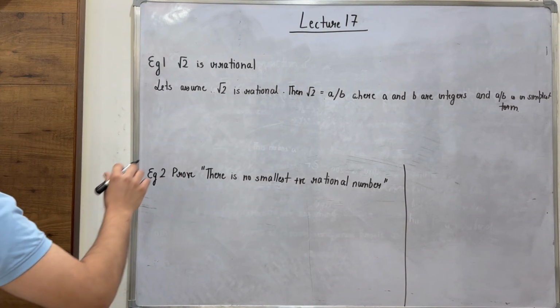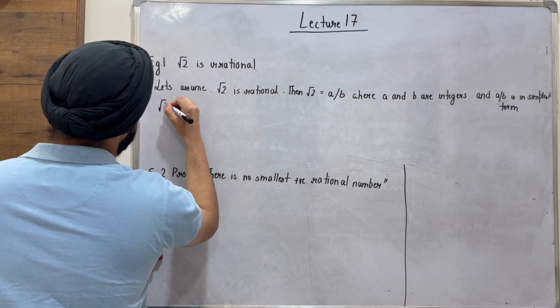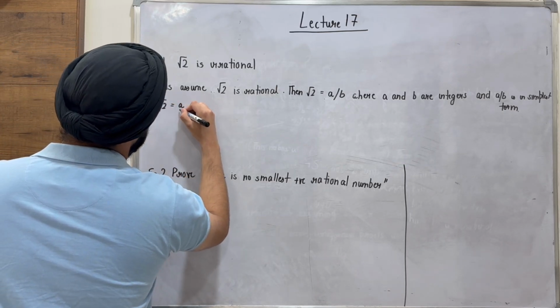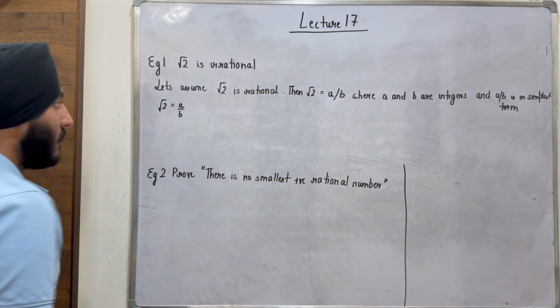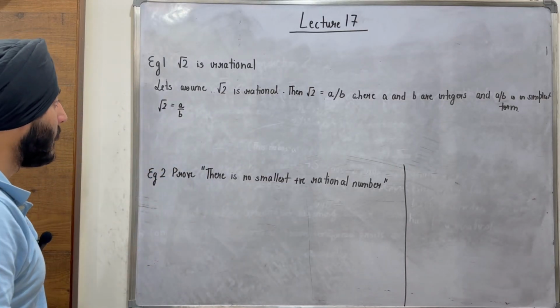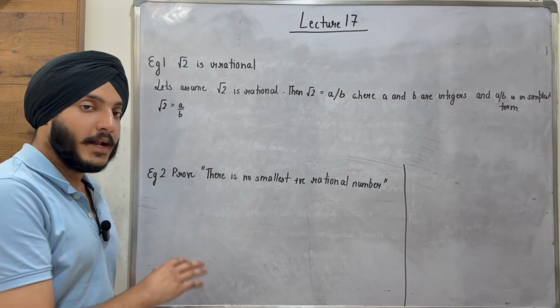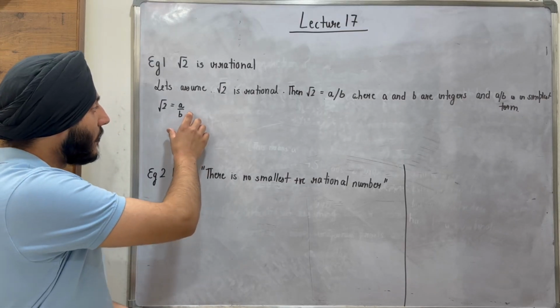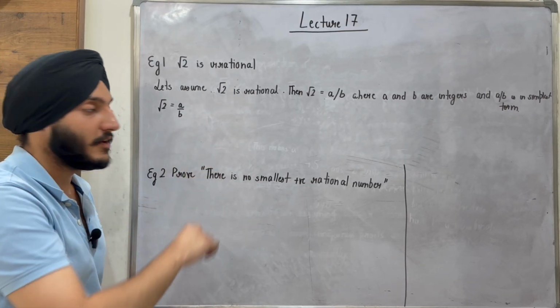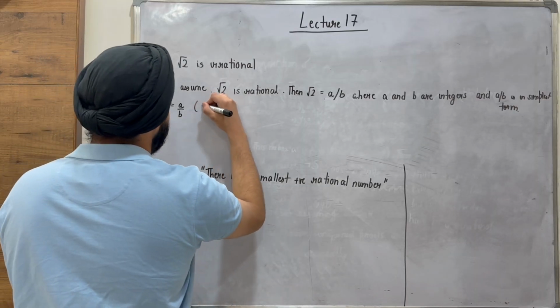So until now, I have this point that square root of 2 is equal to a divided by b. Now, this is going to be extremely helpful for us, right? First thing, what I can do is I'll square both the sides, right? So let's first square both the sides.